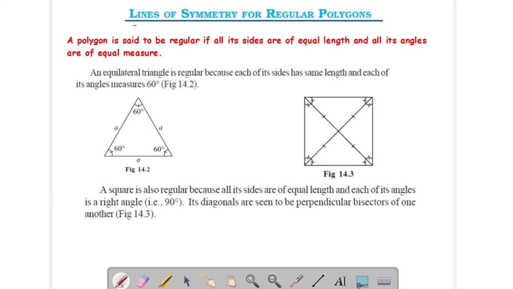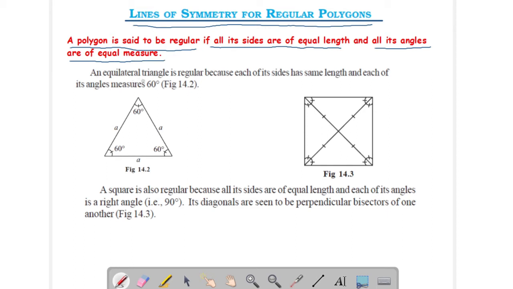Now, lines of symmetry for regular polygons. A polygon is said to be regular if all its sides are of equal length and all its angles are of equal measure.